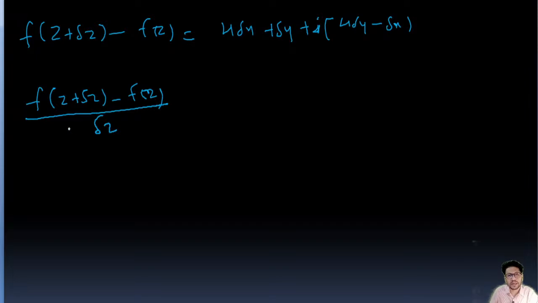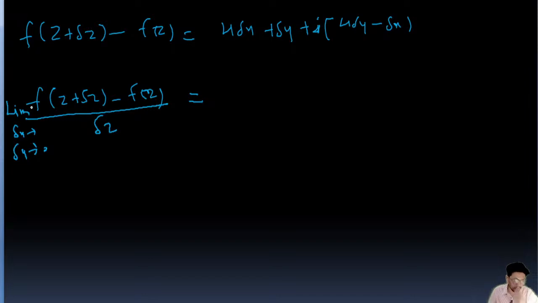Instead of x we have written x plus delta x, and instead of y we have written y plus delta y, and the delta z value we know, that is delta x plus iota delta y, right? Here we'll take the limit delta z tends to 0, so delta x tends to 0, delta y tends to 0.